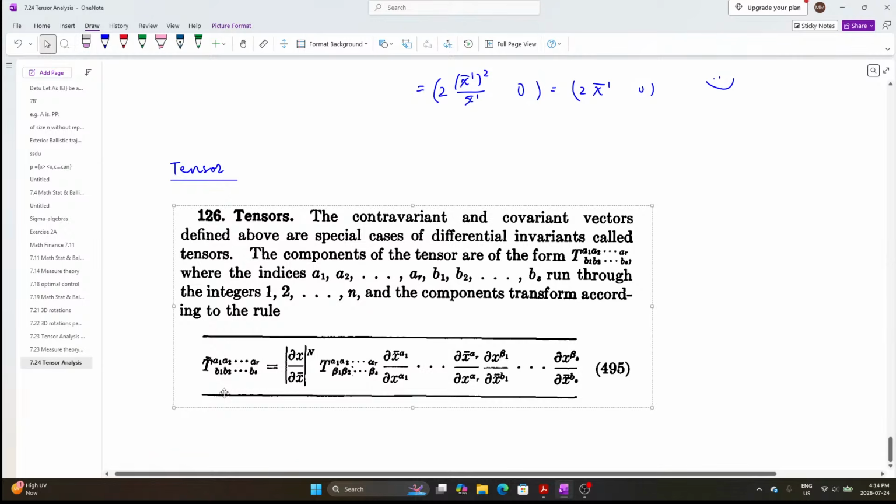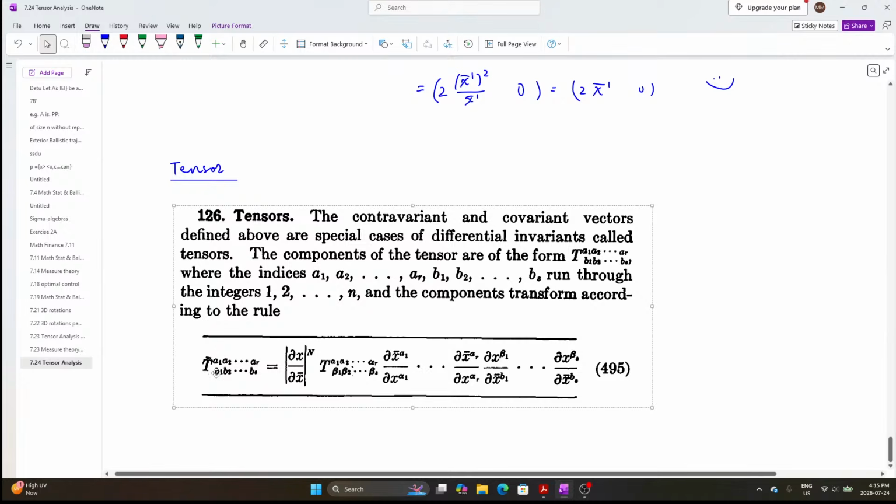Imagine what is going on. We still have the same setup: the unbarred coordinates are the old coordinates, and the barred coordinates are the new coordinates. On the left you have T bar with A1, A2 all the way to AR upstairs and B1, B2 all the way to BS downstairs. That's the components of the same tensor in the new coordinates.